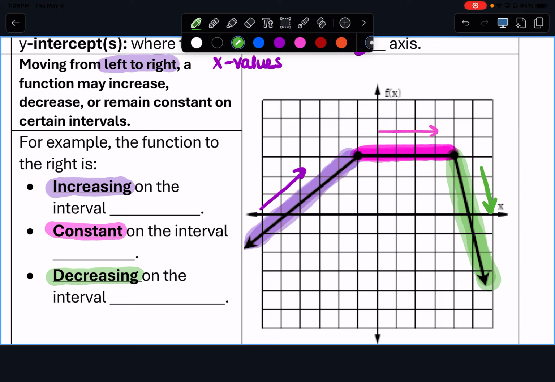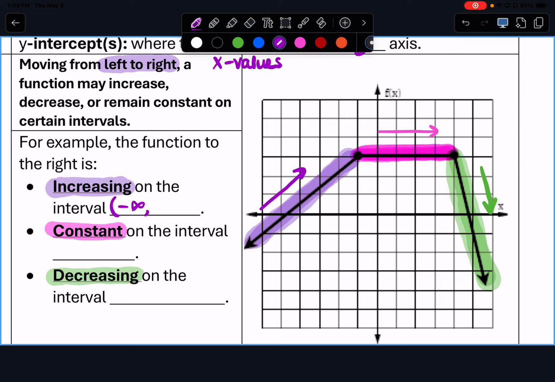Okay, so we're going to actually write out the intervals now. When we are looking at the intervals, we are going to list the x values. So from the left, where does that purple section start? It's going way out there. Negative infinity. So it's going to go from negative infinity to what?